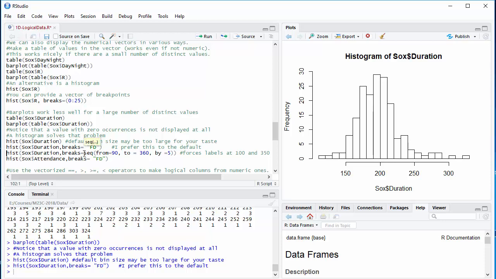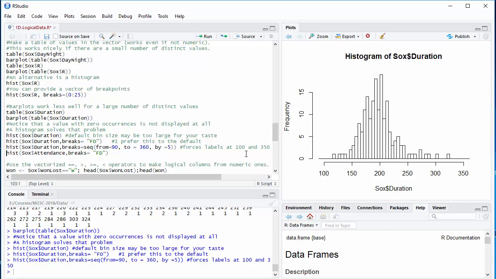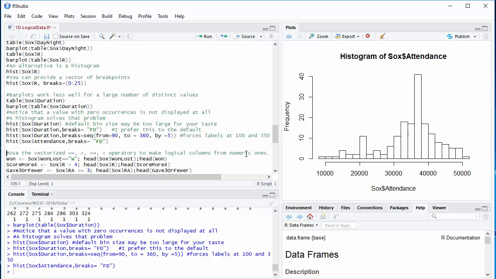If I want to be really in control here, however, I can say I want a sequence of breaks that starts at 90, goes up to 360 in increments of 5, and because I started at 90 and went by 5s, it's going to put in labels at 100 and 350, and that's quite a satisfactory histogram of the results. I can do the same thing with attendance, and I'm quite happy with the result produced by the FD breaks.